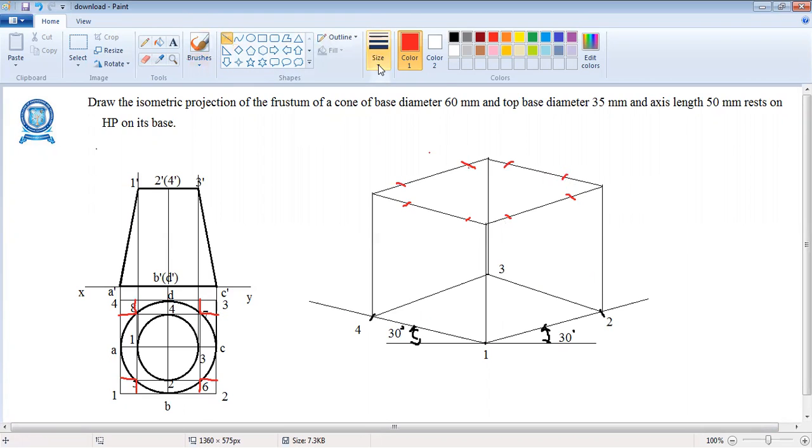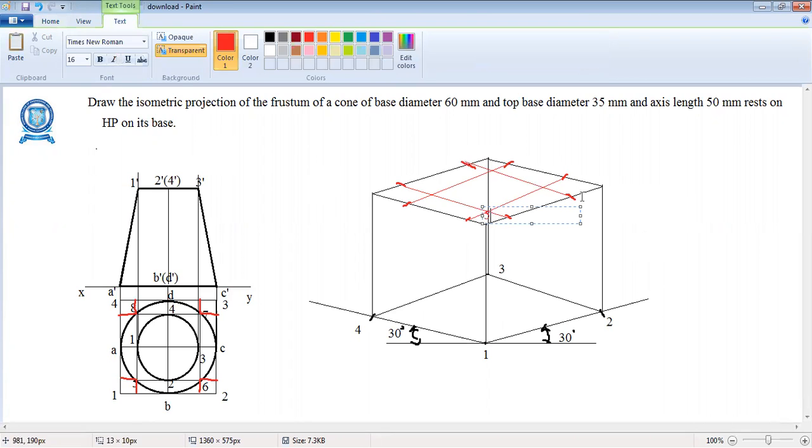When we join all the points with straight lines, you will get a small square. 5, 6, 7, 8. We are converting the small square on the upper side.